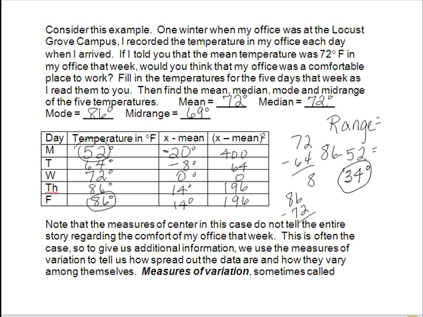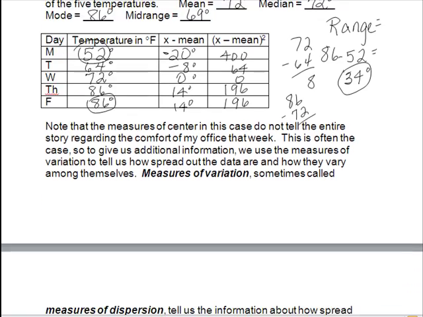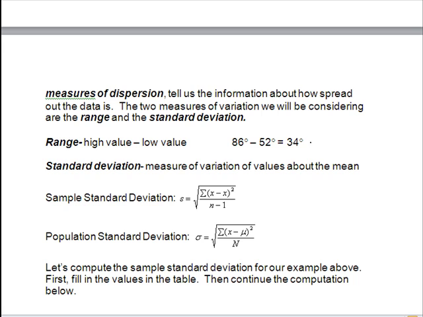Measures of variation are also called measures of dispersion. So you can see here where I calculated the range: 86 minus 52 equals 34. Now the other measure of variation that we will be using quite a bit is the sample standard deviation.